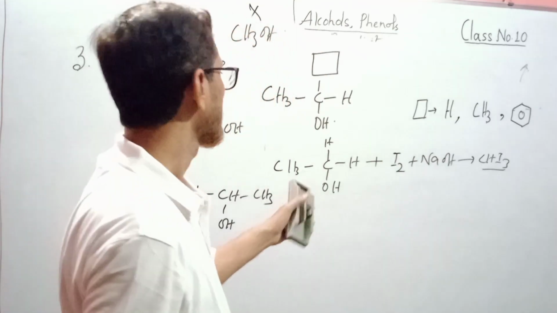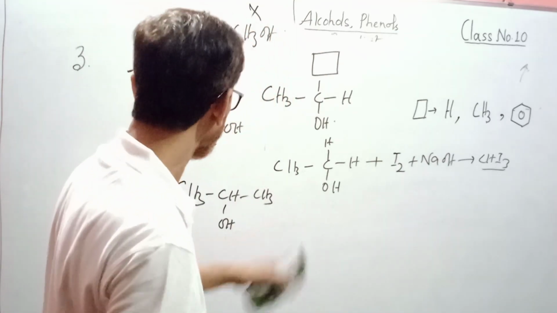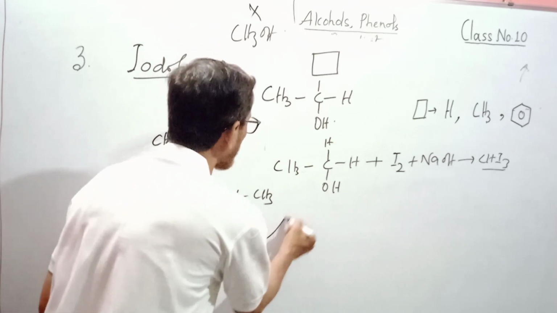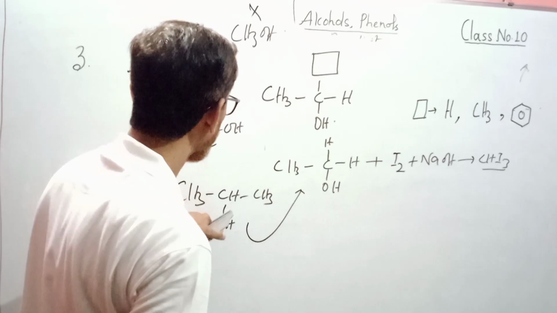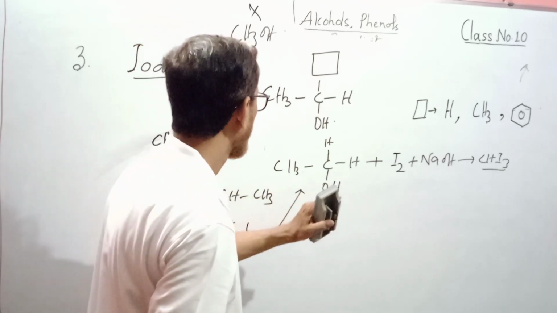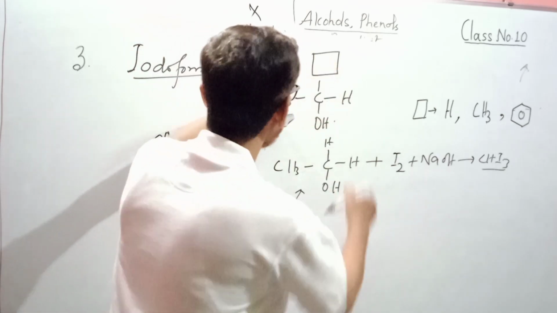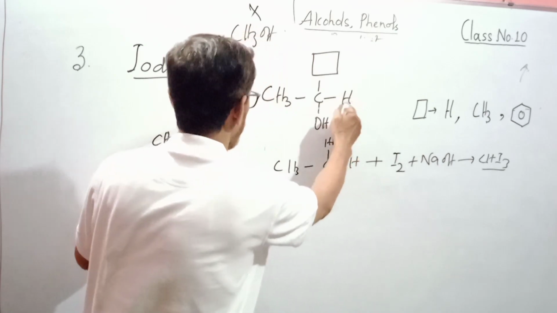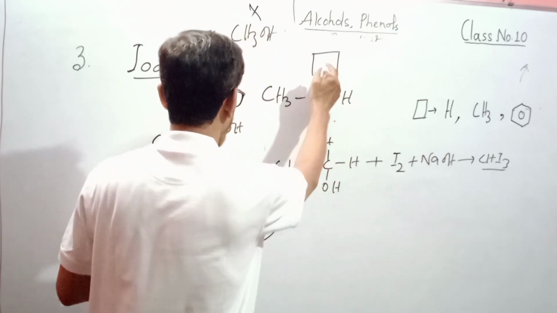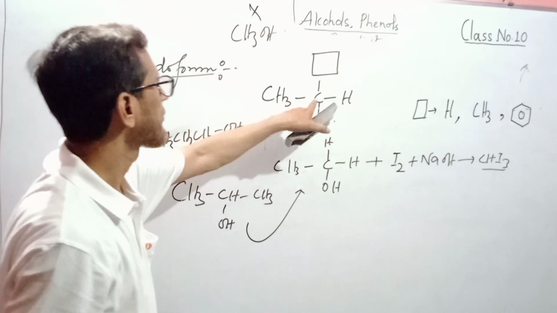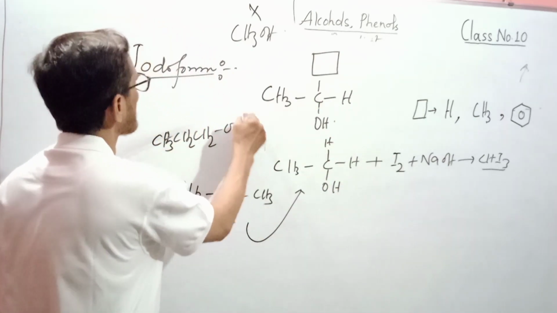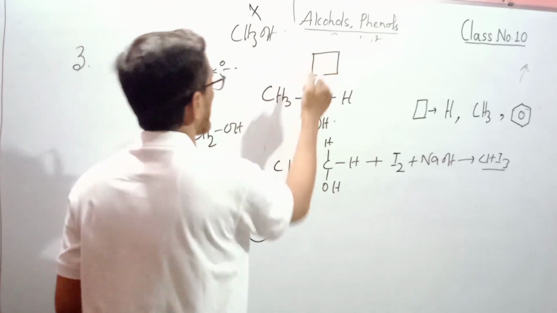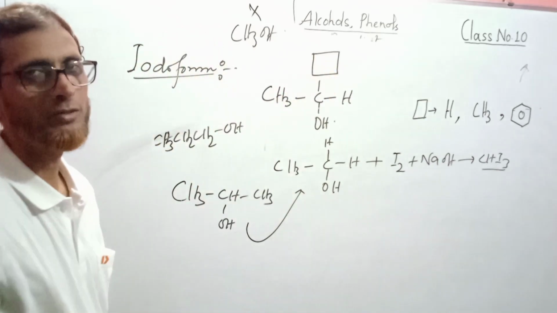If a question appears in the exam, which one will respond? Let us see whether this fits the structure. Yes, CH3CHOH, and in the box CH3. So it has fit in the box, so it will show the iodoform reaction. But you cannot fit the other structure into the box, hence it will not show the iodoform reaction.